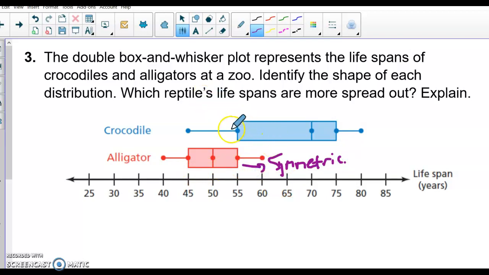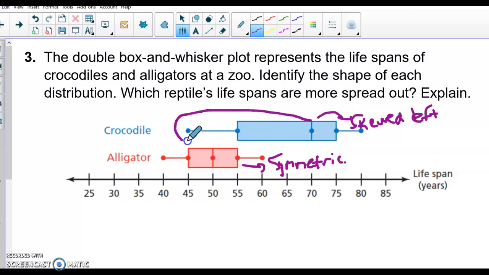And then the crocodile looks like it has a longer tail to your left. So what I would say is it is skewed left. Again, that's because there's more variability on the left side of the box, so I would say it's skewed left.